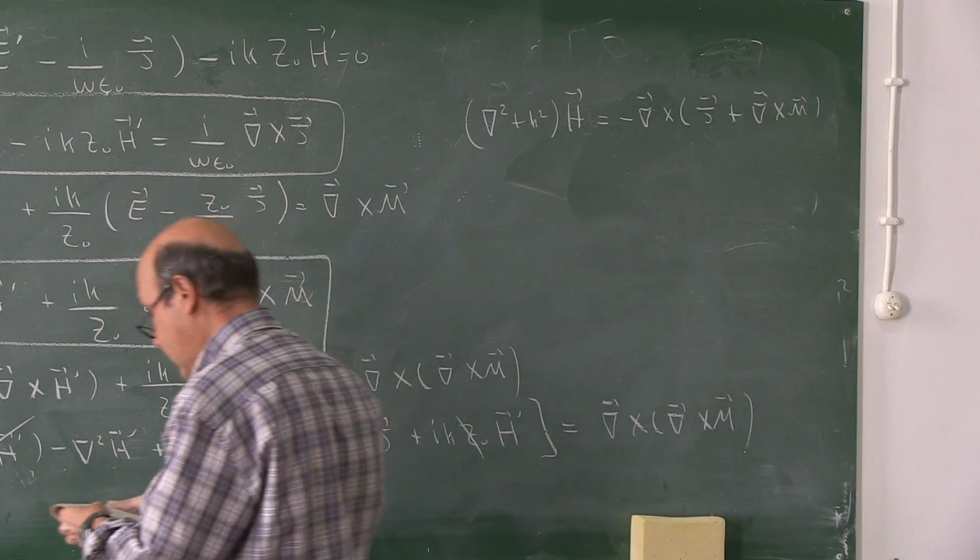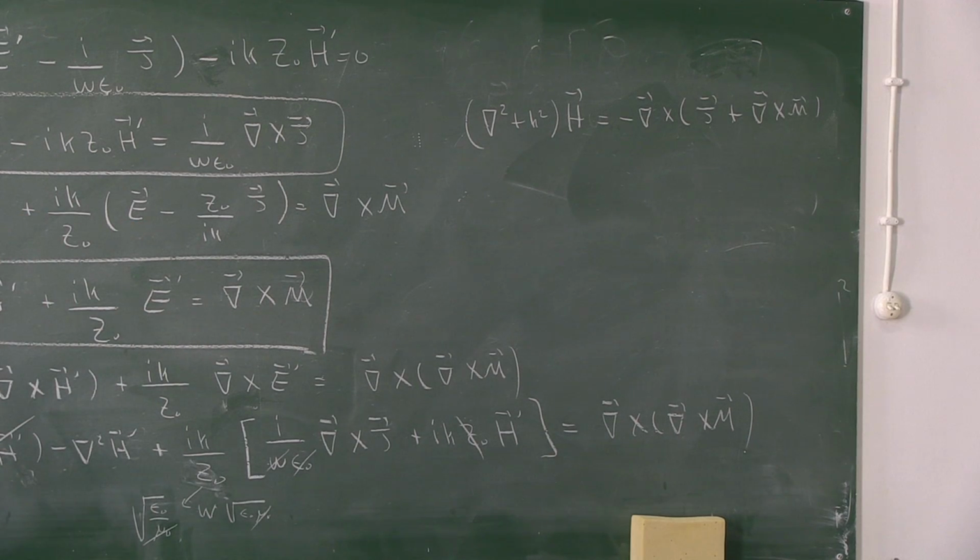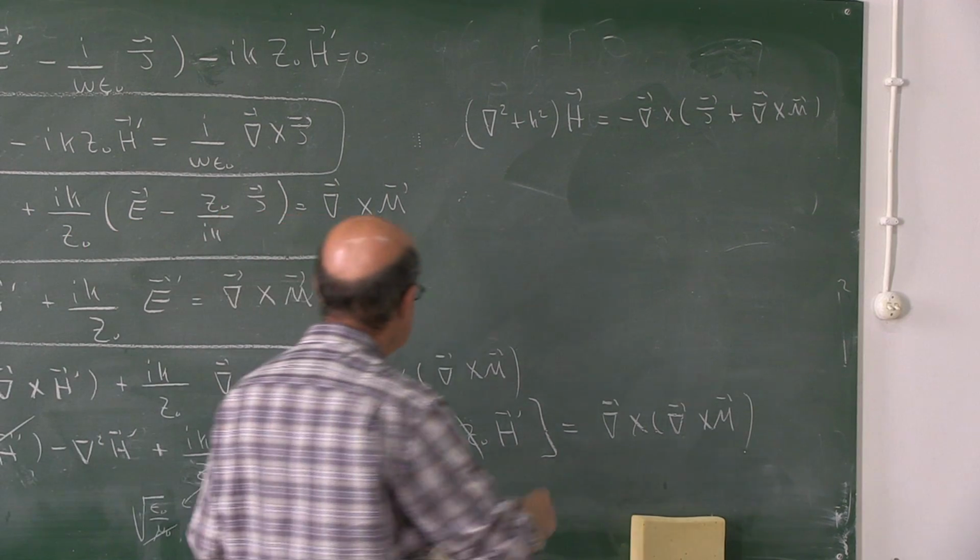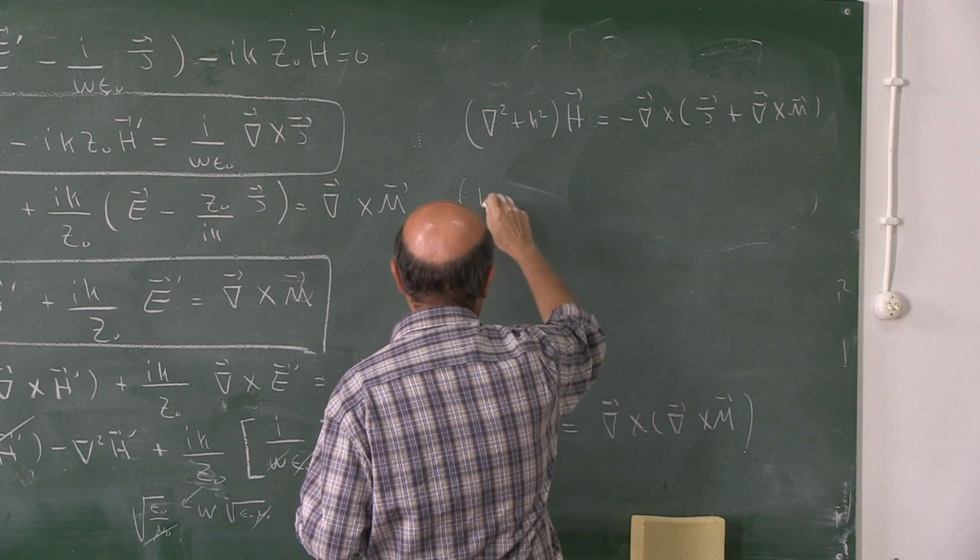So if you do the same algebra for the other, you will take the curl of curl of E prime, and you will open this as gradient of divergence of E prime minus Laplacian of E prime. Divergence of E prime will be 0. Do the same algebra and find the other wave equation.